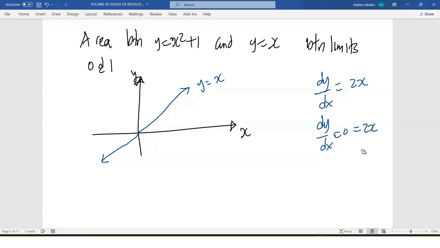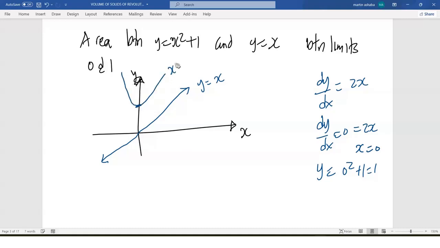So 2x is 0 and x is equal to 0. When x is equal to 0, what is y? y is equal to 0 squared plus 1, and y is going to be 1. So the turning point or the minimum point of this curve is going to be around there.